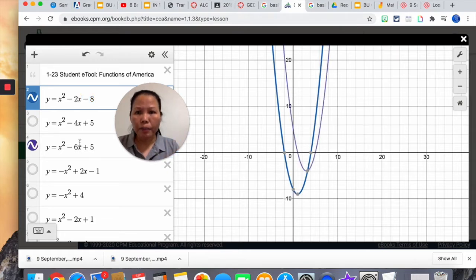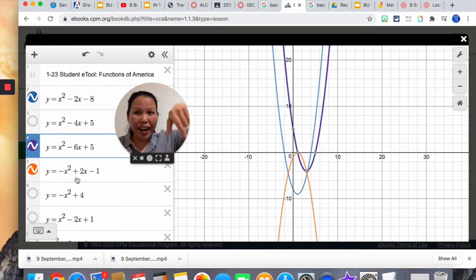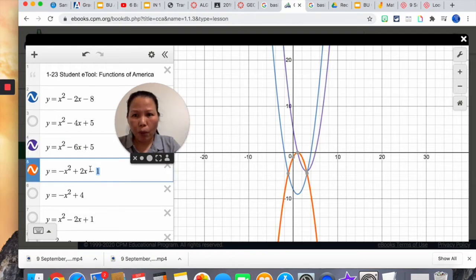Next graph, +5 should be up 5 on the y-axis, right? So 0, 5. You see where the coordinate pops up? 0, 5. Okay, so that's where your parabola crosses the y-axis. So we call this one the y-intercept. Okay? Now, when we have a negative in front of the x squared, the graph goes down, and look, the y-intercept is -1 now.